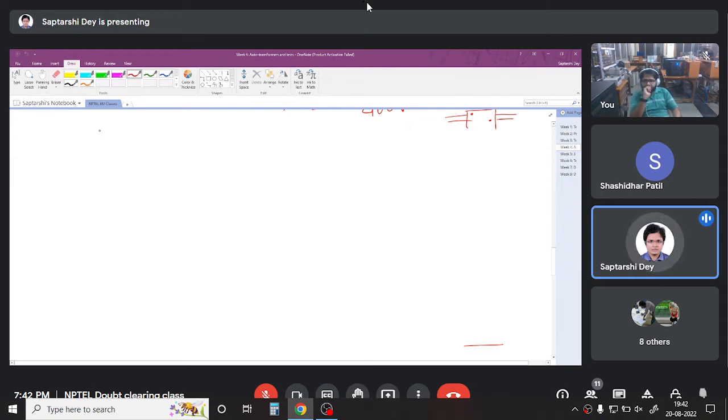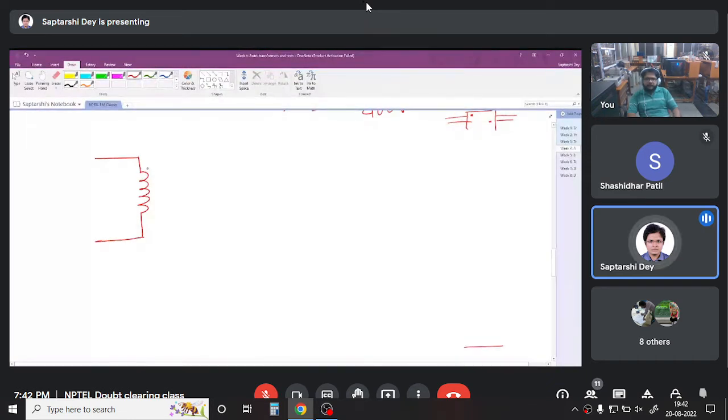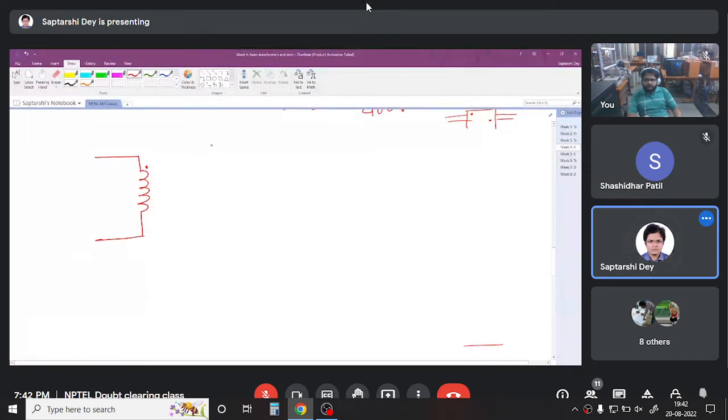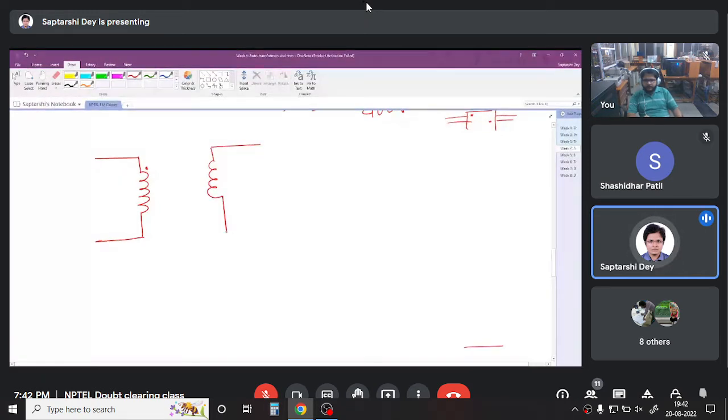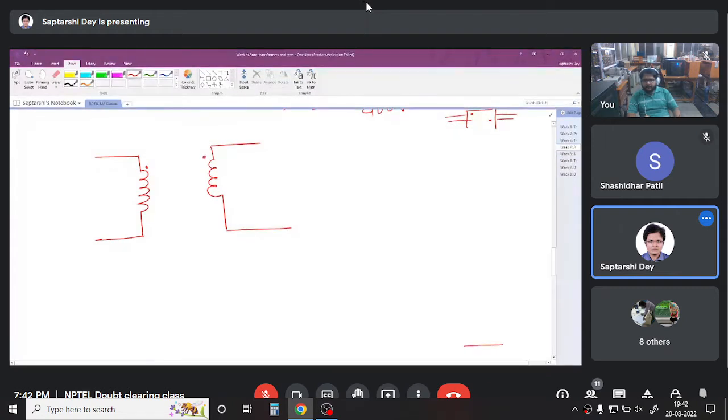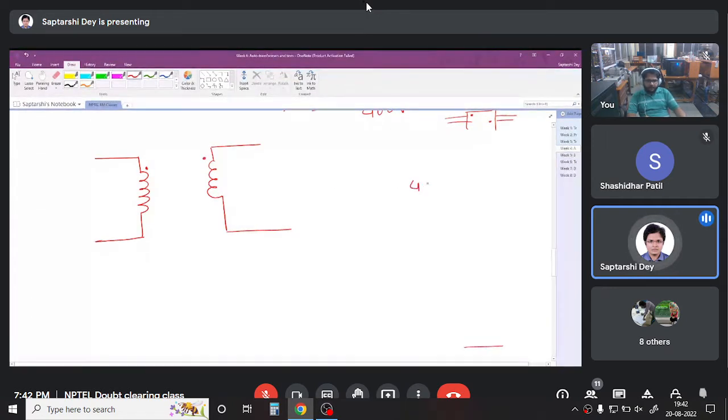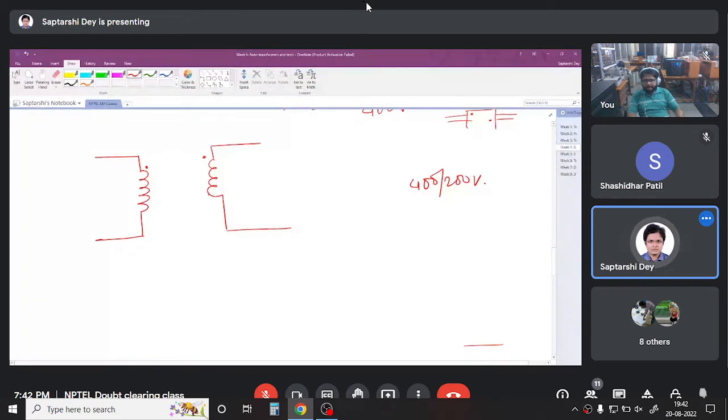So, maybe you are talking about, let us say, we are using a single phase regular transformer as an autotransformer. Let us say it is a 400 by 200 volt transformer. Okay, so subtractive means what do we need to do? This is 400.